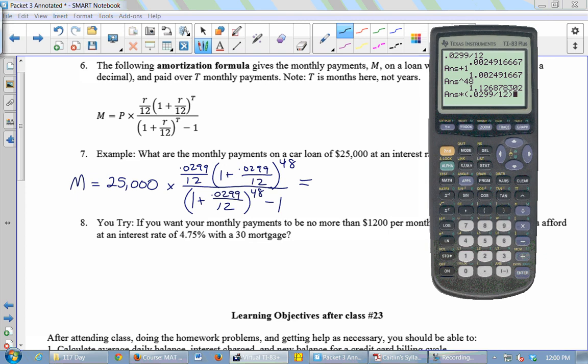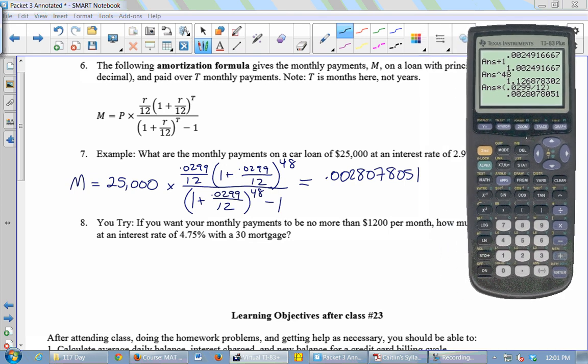So I'm telling my calculator to do that division first by using parentheses. All right, so my numerator simplifies to 0.002807805. Not a big deal. Oh, I forgot my 25,000.